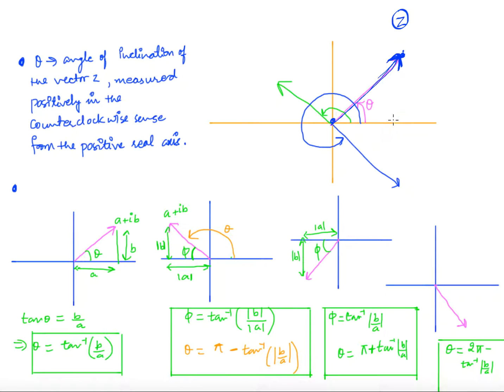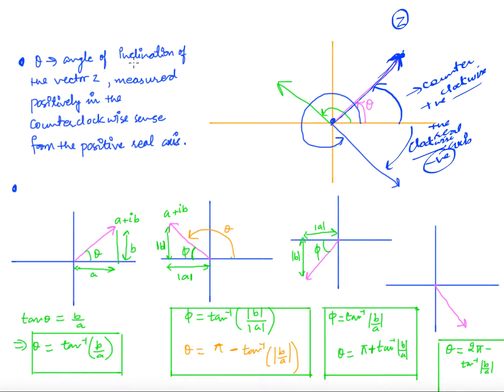Now measure the angle which this vector makes with the positive real axis. This is your positive real axis. If you are measuring this angle in the counterclockwise direction, then you treat it as a positive angle. And if you are measuring it in the clockwise direction, your angle will be negative.